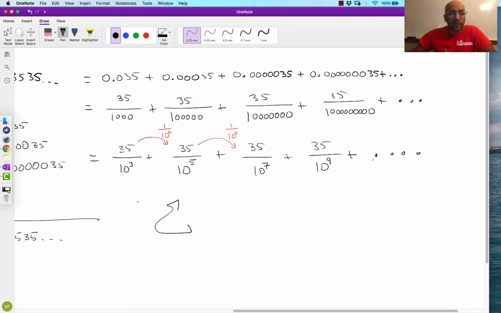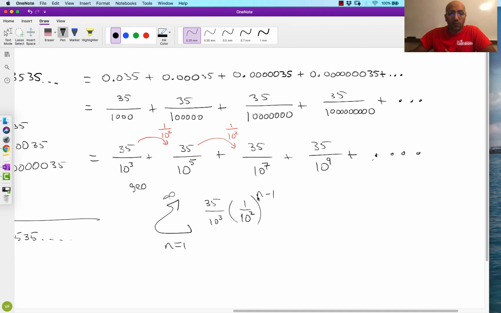This is going to be a geometric series as n goes from 1 to infinity, where the initial constant, the first one, is this one, so that'll be 35 divided by 10 to the power of 3, times r, and that constant term is 1 over 10 to the power of 2, to the power of n minus 1.